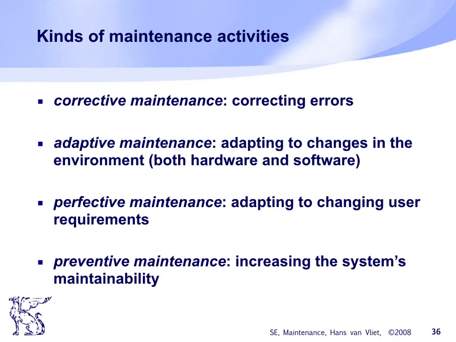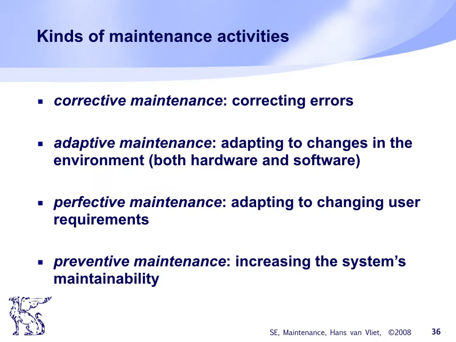And also if you want to increase the usability of your software, better understanding of your graphical user interface, if you want to enhance your user interface, that will be a perfective maintenance. And preventive maintenance.